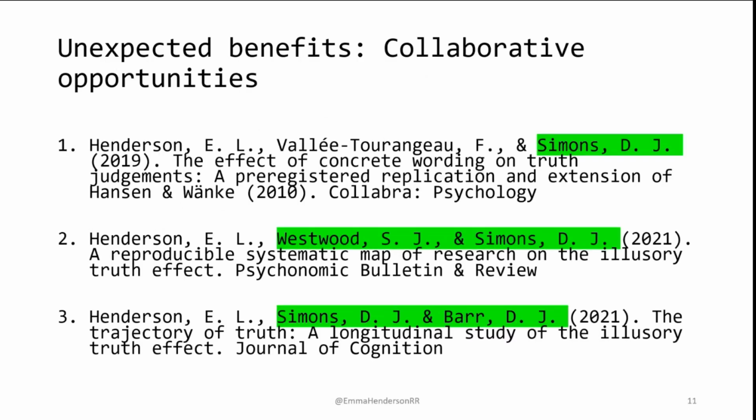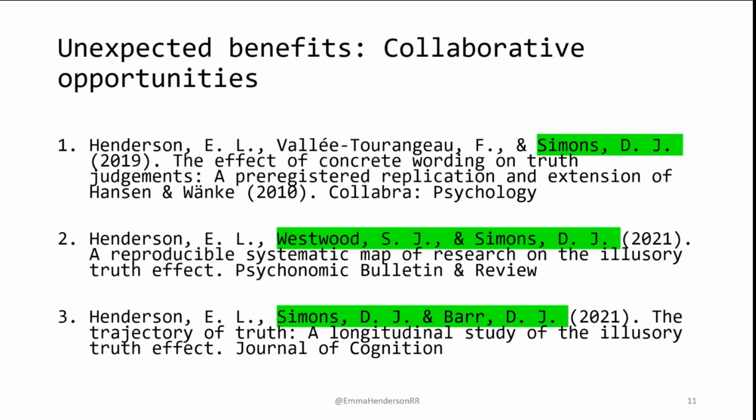So one of the unexpected benefits was collaborative opportunities. The people who are highlighted on this slide are people who were not within my supervisory team, not within my university, but who I reached out to for various reasons to help collaborate on this research. And at least the first author, Dan Simons, I didn't know him at all.